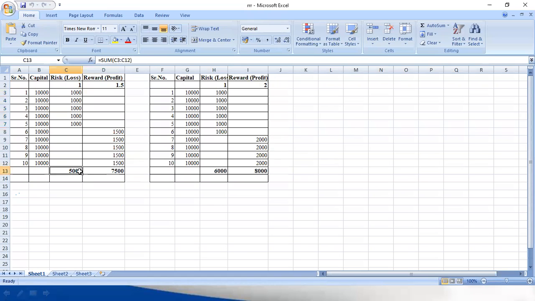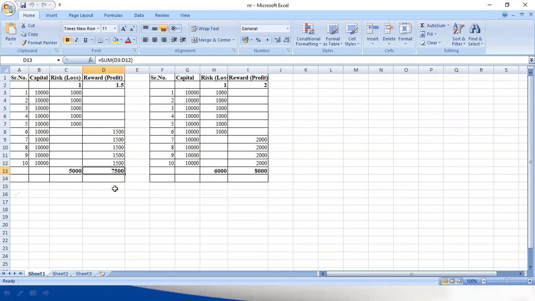If you take the total of your 5 mistakes, it comes to 5,000. And if you take the profit that you made, it comes to 7,500. So what does this tell you? It tells you that in the market, if I keep a risk reward ratio of 1:1.5, and if I do 10 trades, I have to be correct only 50% of the time.